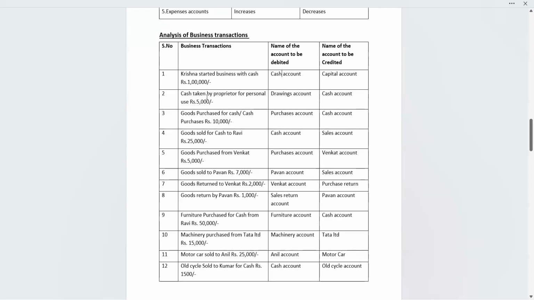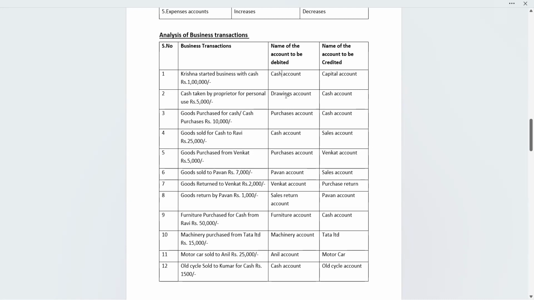The next one, cash taken by proprietor for personal use. Who will take it? The proprietor will withdraw the money for personal purpose. Proprietor here represents drawings. If the owner withdraws any money, cash or goods, you call it drawings.